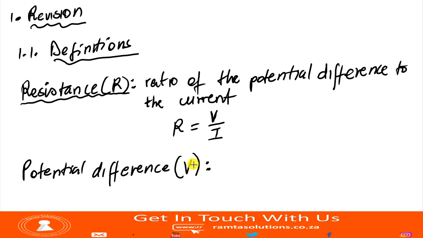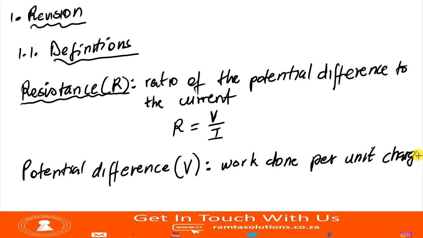When we talk about potential difference, we are basically talking about work done per unit charge. You can also say it is the energy transferred per unit charge.